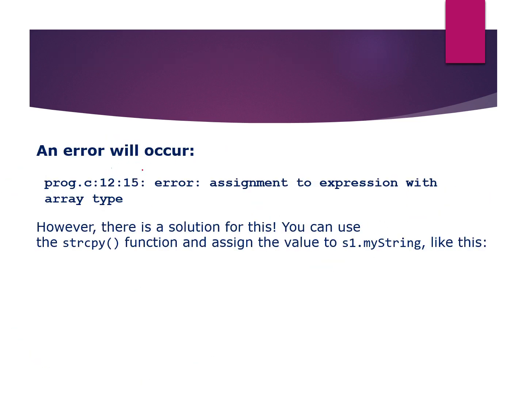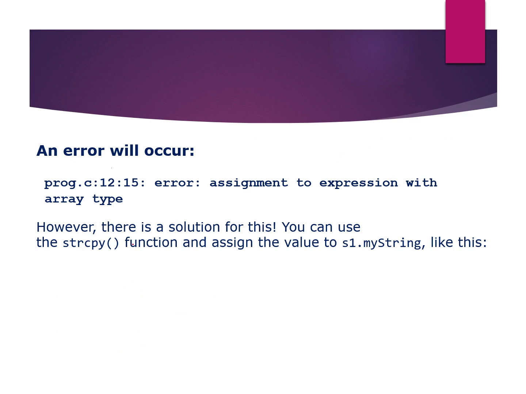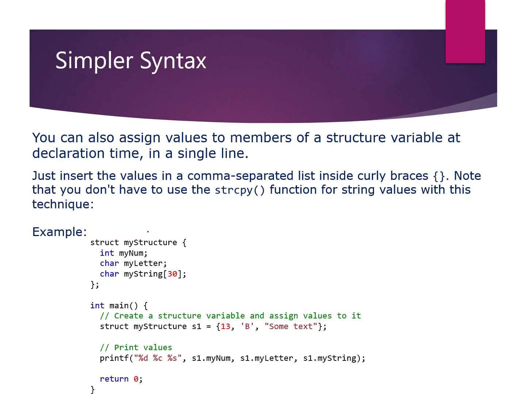Now, if you try to access a string like this, there is a possibility that there will be an error. So you can use the strcpy function and assign the value like this. You can also assign the member values in a single line at declaration, just insert the values comma separated inside.